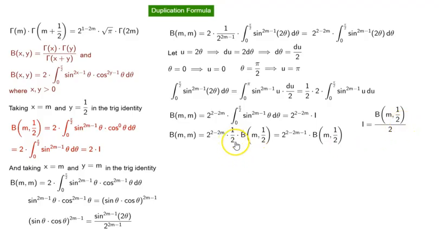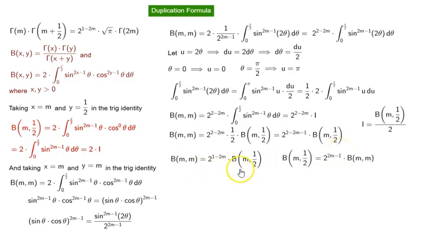Now here in the denominator we have 2. We take it up, it becomes 2 to the power of minus 1. Combining these two, we get 2 minus 2m minus 1. So now simplifying this, we get beta of m comma m is equal to 2 to the power of 1 minus 2m times beta of m comma half.